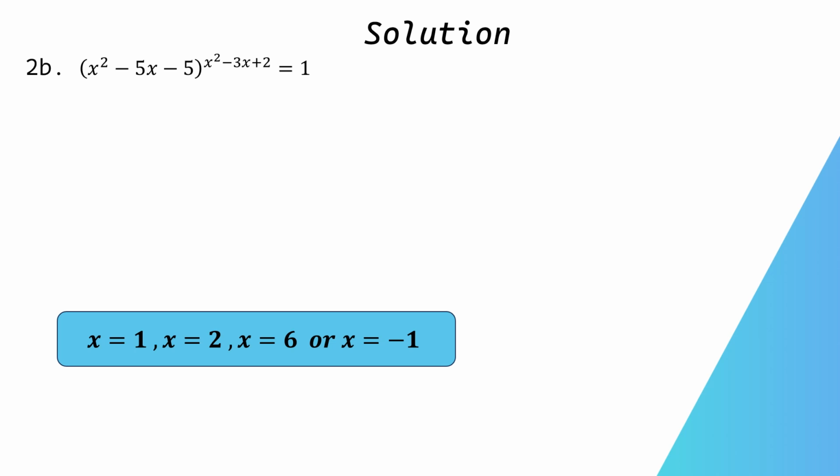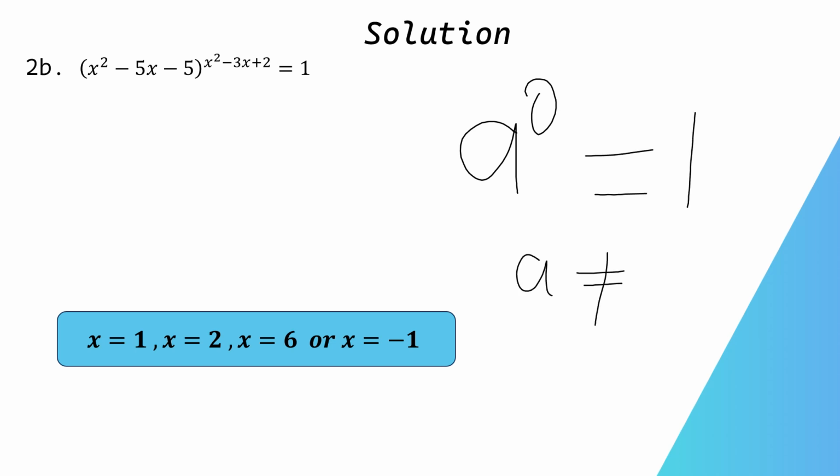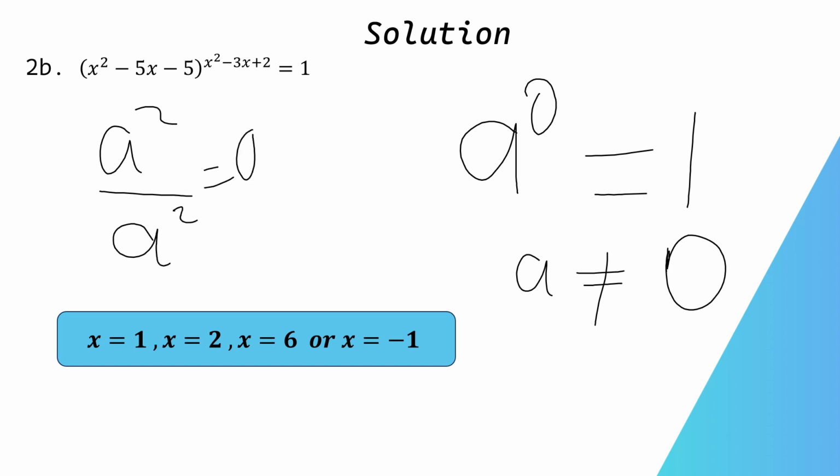We know that a to the exponent 0 equals 1, provided that a is not equal to 0. And if you want to know why a to the exponent 0 equals 1, let me use a few seconds for that. Let's say we have a to the exponent 2 divided by a to the exponent 2, which is the same as a to the exponent 2 minus 2.